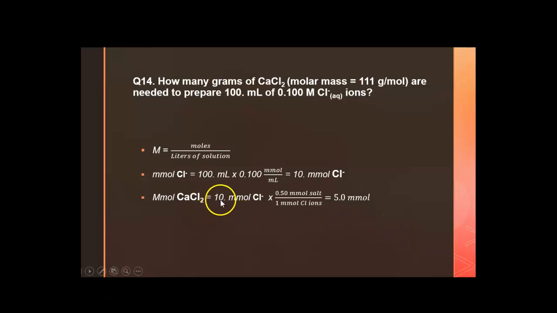Therefore, we have to multiply the 10 millimoles of chloride by 0.5 millimoles of salt per millimole of chloride, which gives 5 millimoles. We then multiply by the 111 milligrams per millimole to get 555 milligrams, or 0.555 grams.